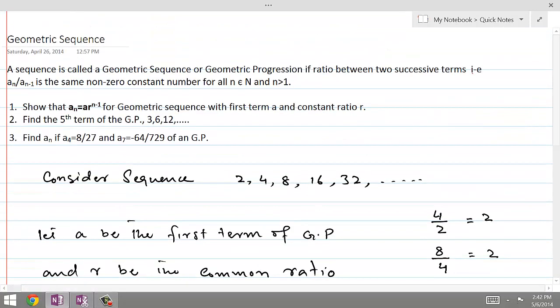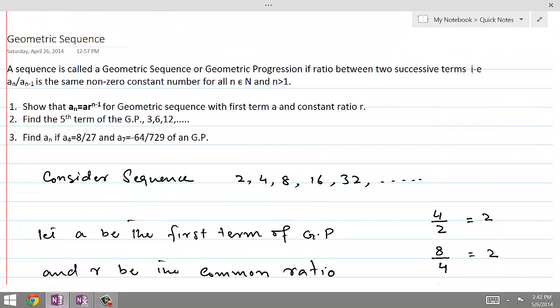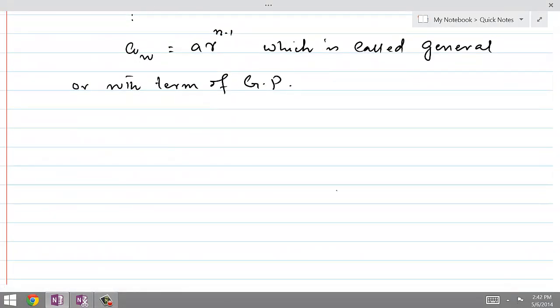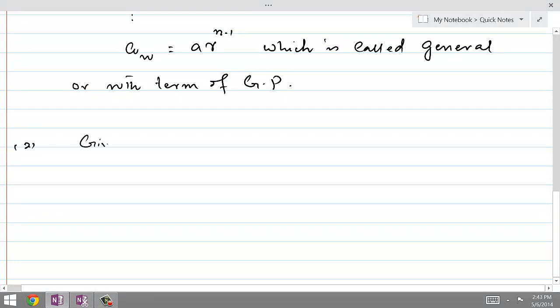Let's do an example here. The first example is: find the fifth term of the geometric progression 3, 6, 12, and so on. The given sequence is 3, 6, 12, and so on.